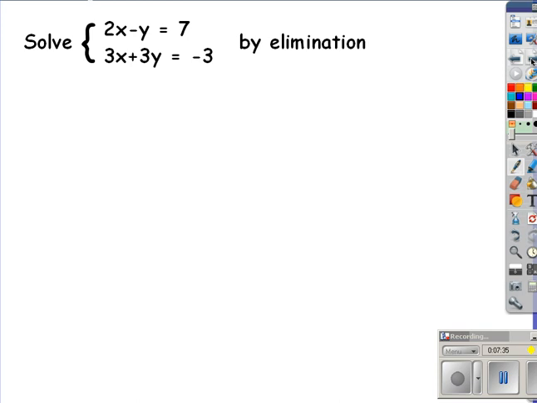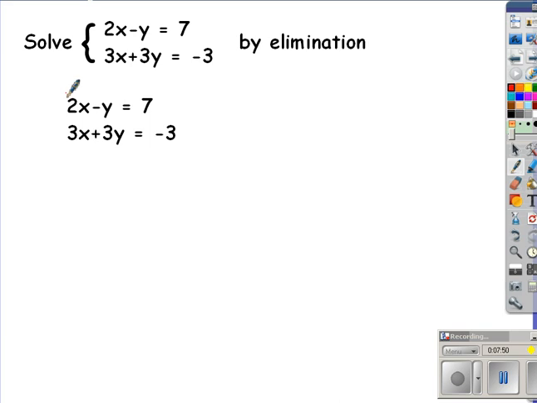So I'm going to do that by, well, first I'm going to rewrite them. There we go. So the easiest way to do this is I want one of these two to subtract away. And it's hard to explain without looking at an example.